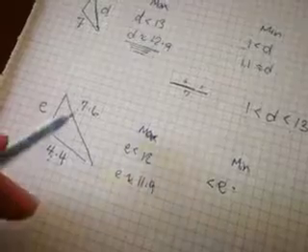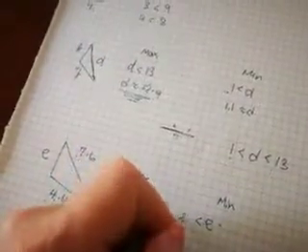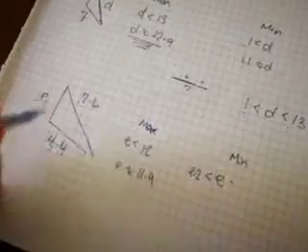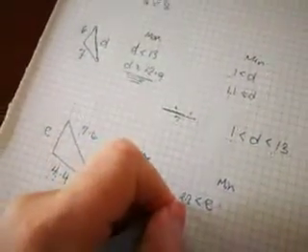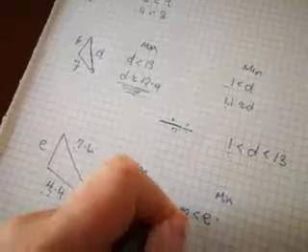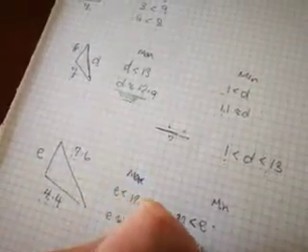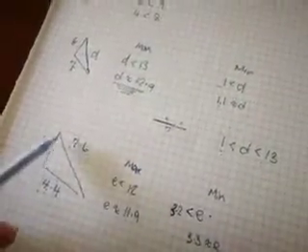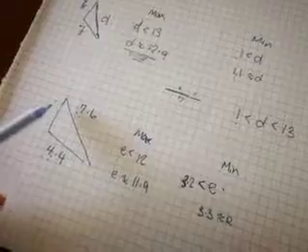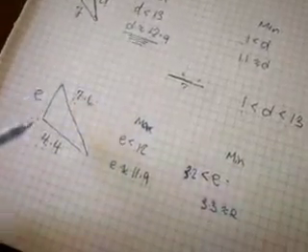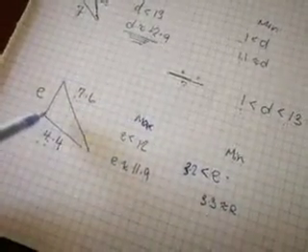So we'd get 3.2. So the smallest this particular line can be needs to be greater than that. To make it simple, we'll just call it 3.3. So the smallest this line could be is about 3.3. The maximum it can be is about 11.9.